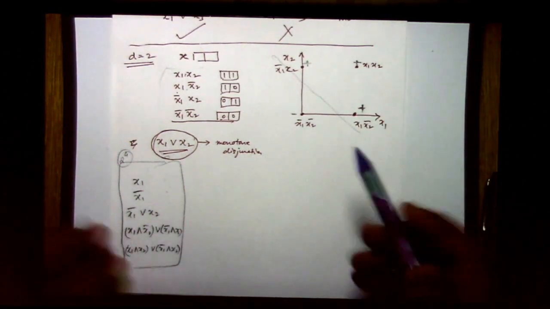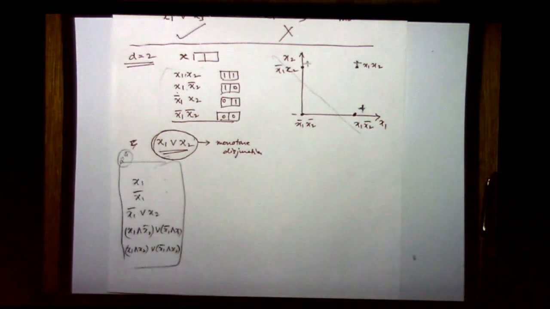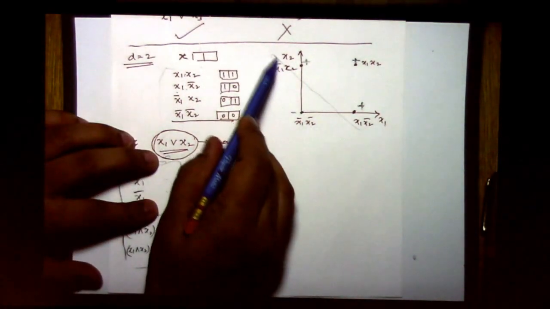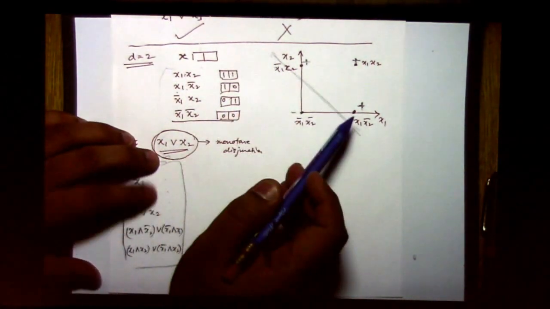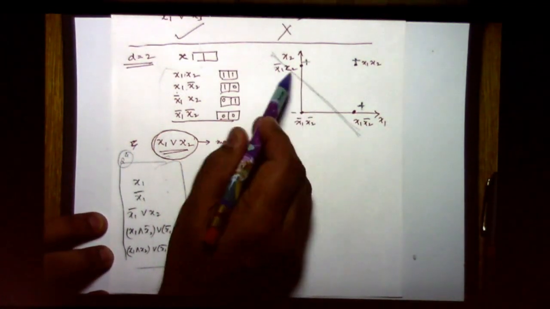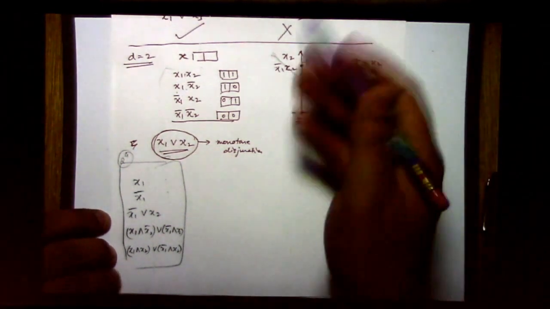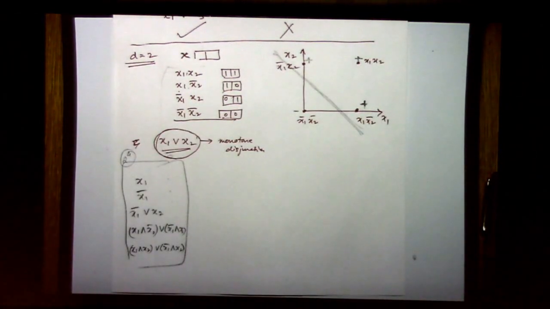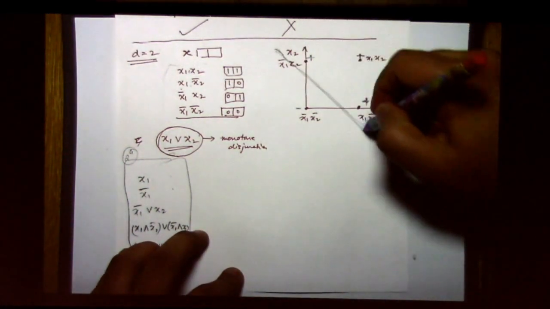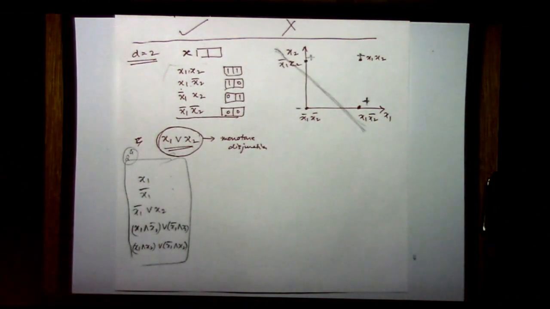The point being that if these data points are being labeled by a monotone disjunction, then I can always find the equation of a geometric line such that, of course, every line divides a space into 2 parts, which we call half spaces. So we can always draw a line such that everything that is positive is on one side and everything that is negative is on the other side.